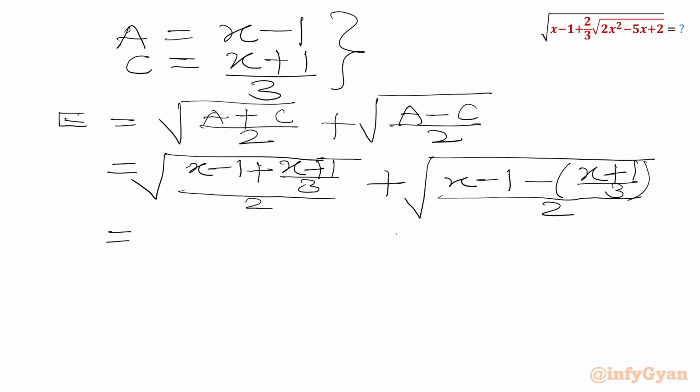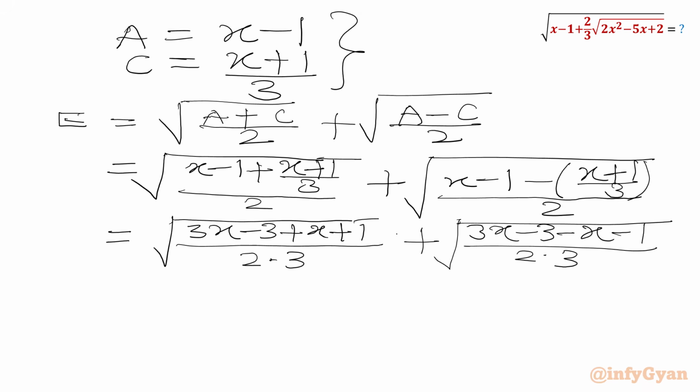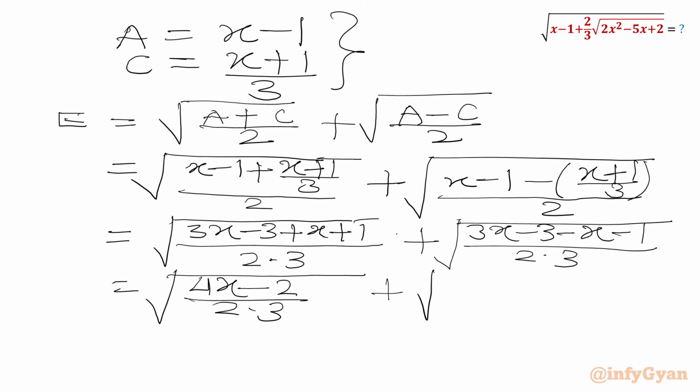Now we'll take LCM in the radicand part, the square root of. We'll write here 3x minus 3 plus x plus 1 over 3 times 2 or 2 times 3 plus the square root of 3x minus 3 minus x minus 1 over 2 times 3, which will be equal to the square root of 3x plus x, 4x, minus 3 plus 1, minus 2, over 2 times 3 plus the square root of 3x minus x, 2x, minus 3 minus 1, minus 4, over 2 times 3.